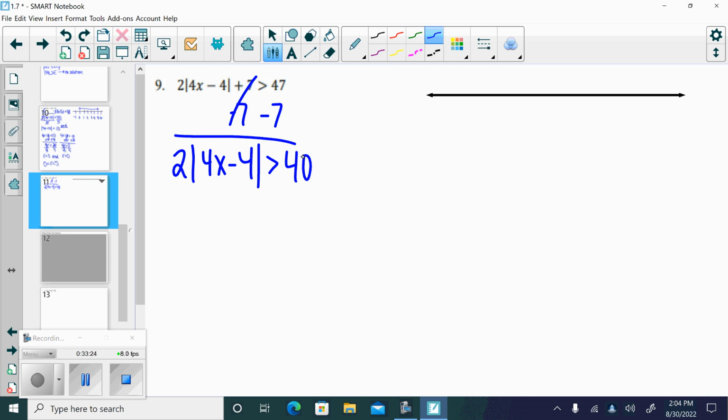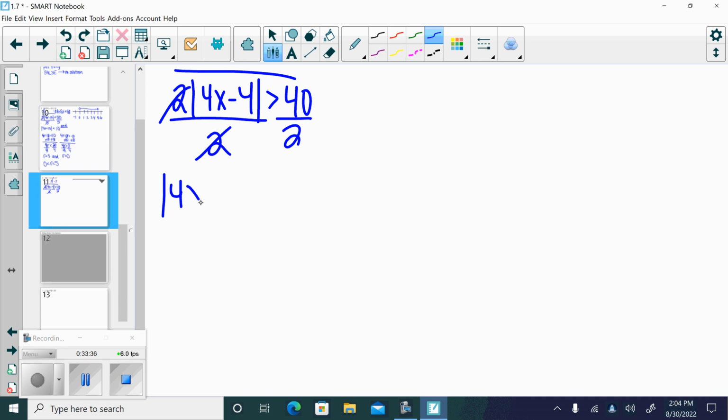Now I need the absolute value alone. So how do I get it by itself? Divide by 2. So the absolute value of 4x minus 4 is greater than 40 divided by 2. 20.